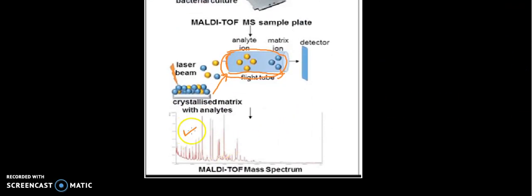A graphical pattern of this kind will come out, and there is a database of MALDI-TOF MS also. That data is a newer one, but a lot of organisms have been analyzed by MALDI-TOF MS there. By comparing your query MALDI-TOF spectrum, you can identify the bacterial species by this method also.